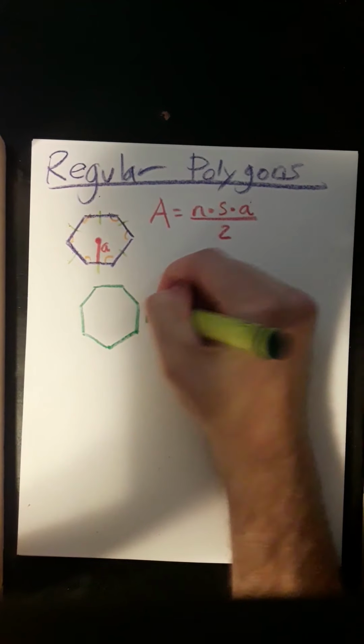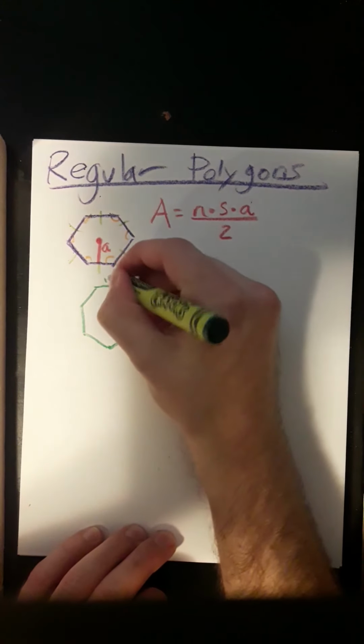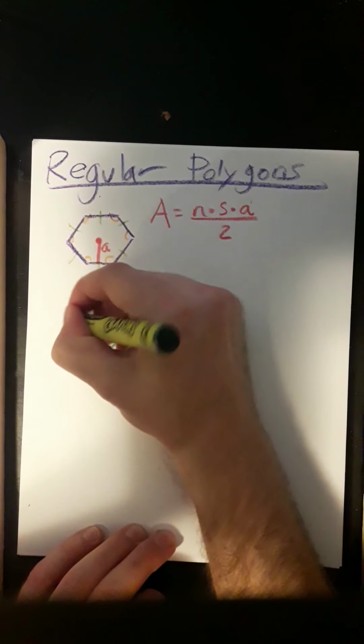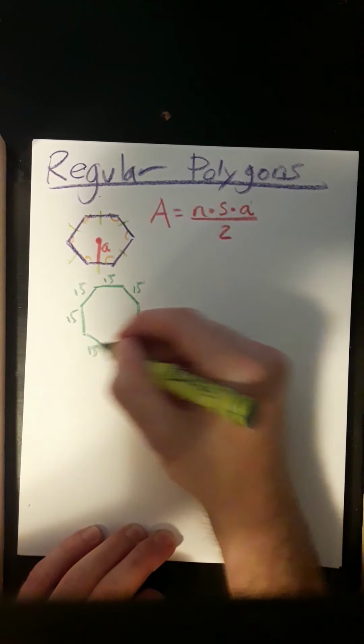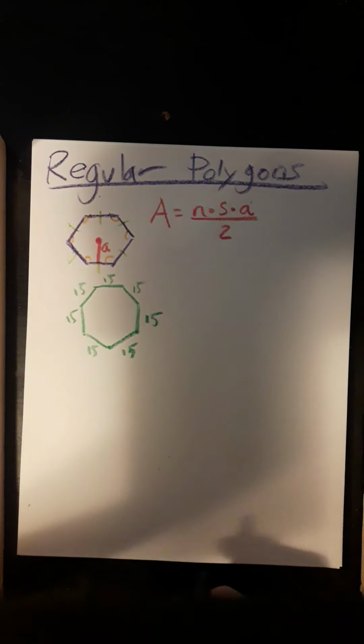It says the regular heptagon has a side length of 15 millimeters. So we're going to go ahead and label one side length 15. Now, we could label them all 15, but it doesn't matter because we know they're all the same, and we only really need one of them, but to drive home the point of regular being all the same sides, I'm going to label those.